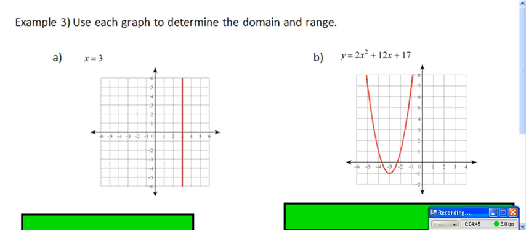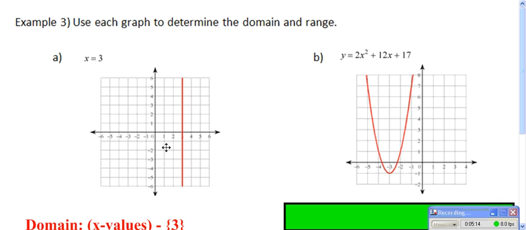In our last example, we're to use each graph to determine the domain and range. In part A, x equals 3 is graphed. X equals 3 is a linear line, straight line. It's a vertical, completely vertical. Now, my graph only goes to 6 and -6 here. But remember, this line would go on forever. Your domain, your x values, in this case would be 3.